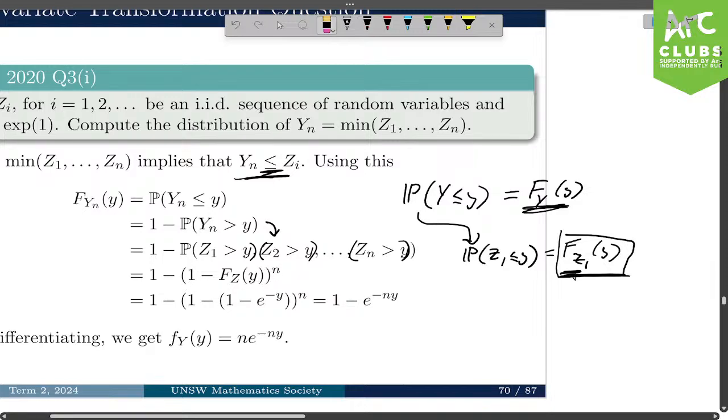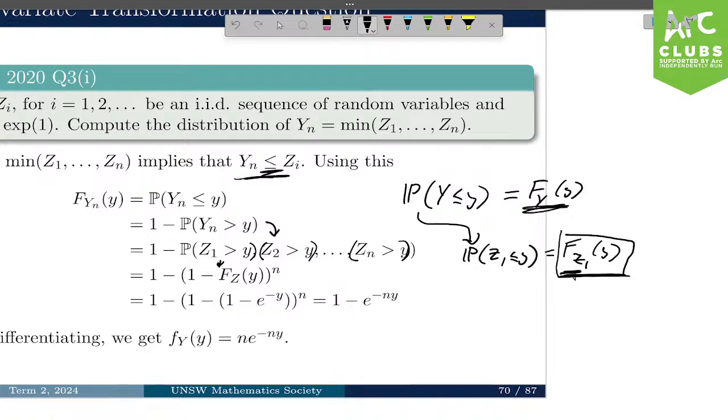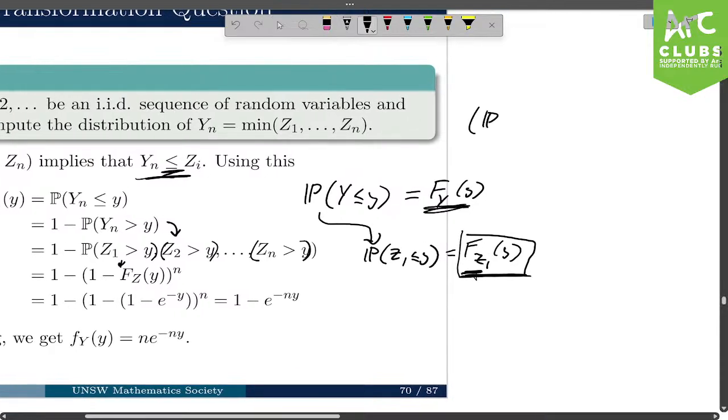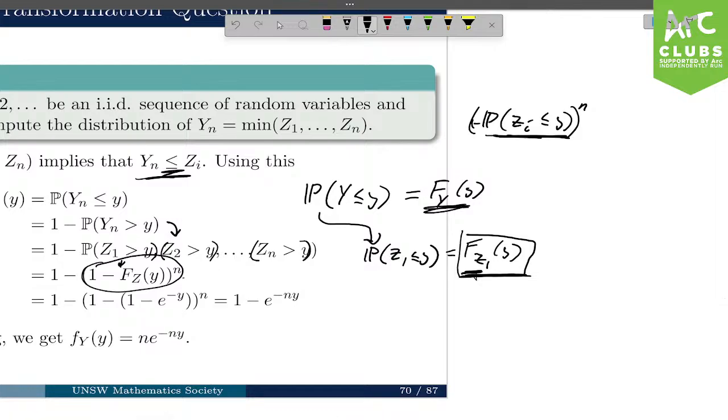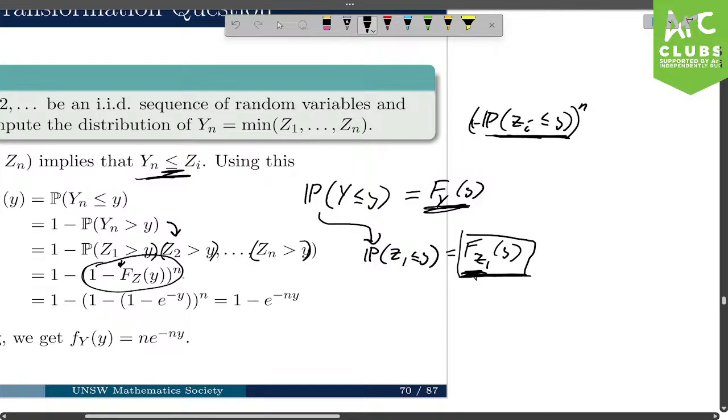And then from there, there's been a little skippage of steps right here, because that should be the probability of zi being less than or equal to y, or rather 1 minus it, to the n, right? That's what should be in this bubble right here. And so then we replace the probability of zi less than or equal to y with the cumulative density function, okay?